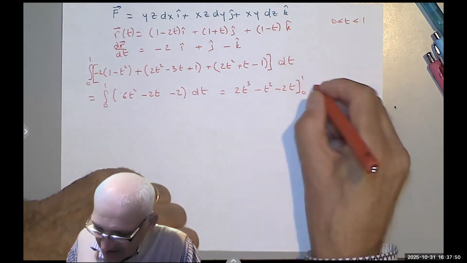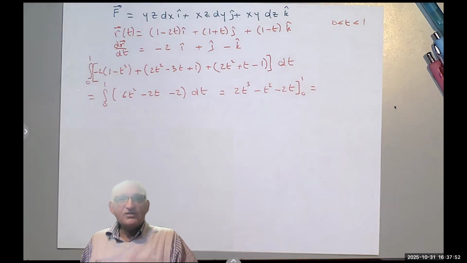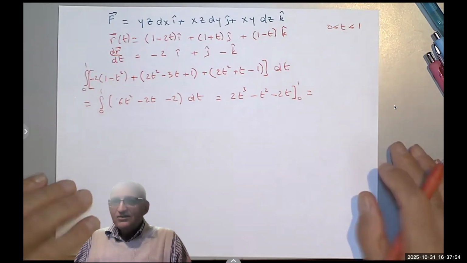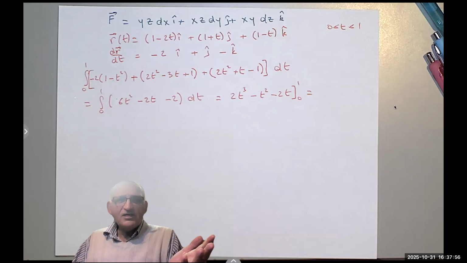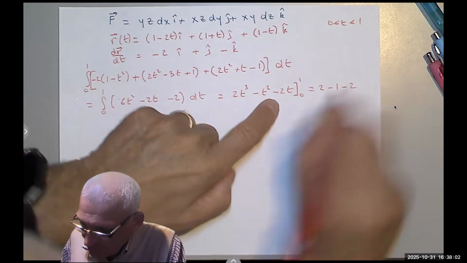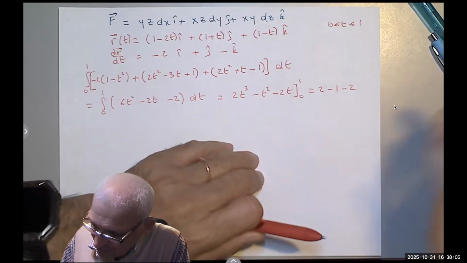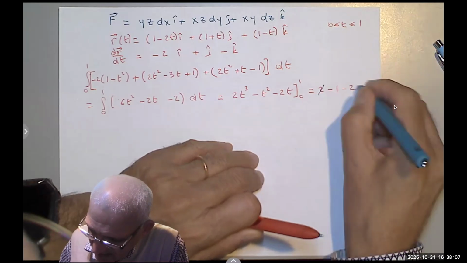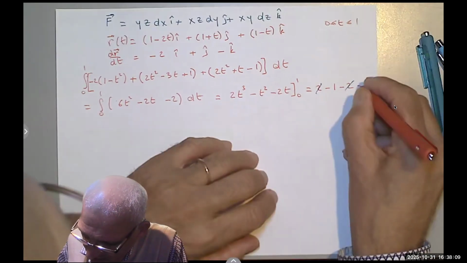Remember when I told you in the first session, if you end up with a polynomial, you are only adding the coefficients. So I get 2 minus 1 minus 2. The 2 and the negative 2, of course, cancel. And you get the answer is negative 1.